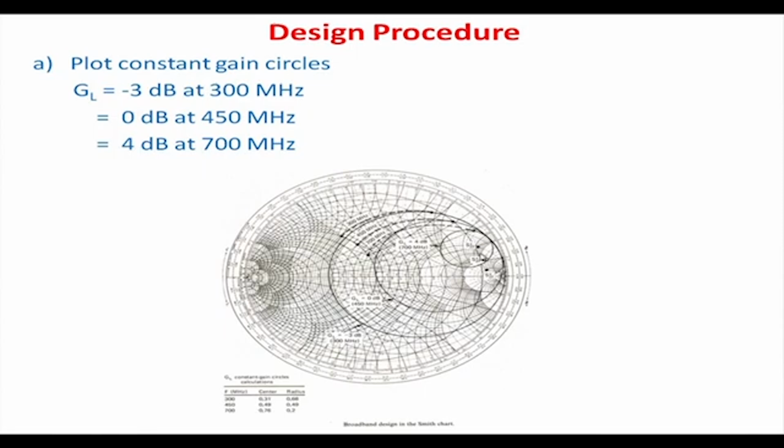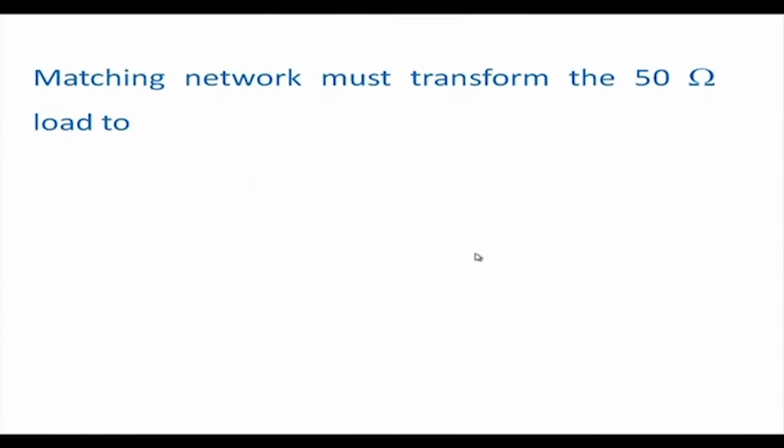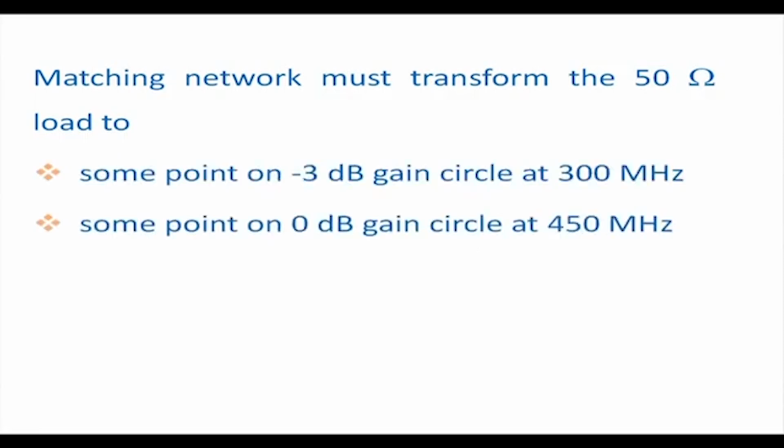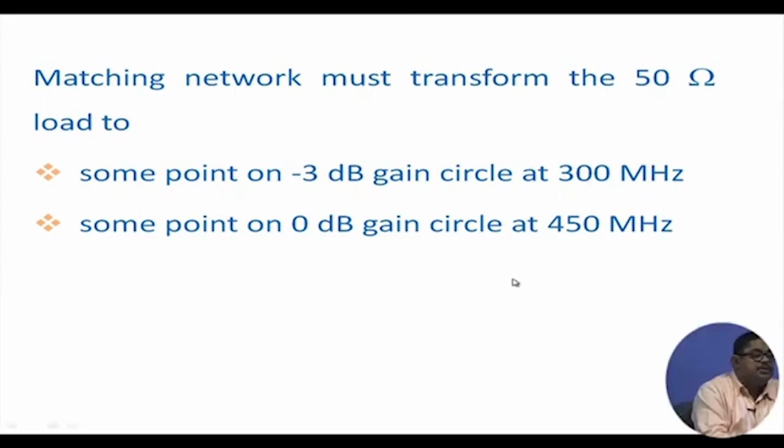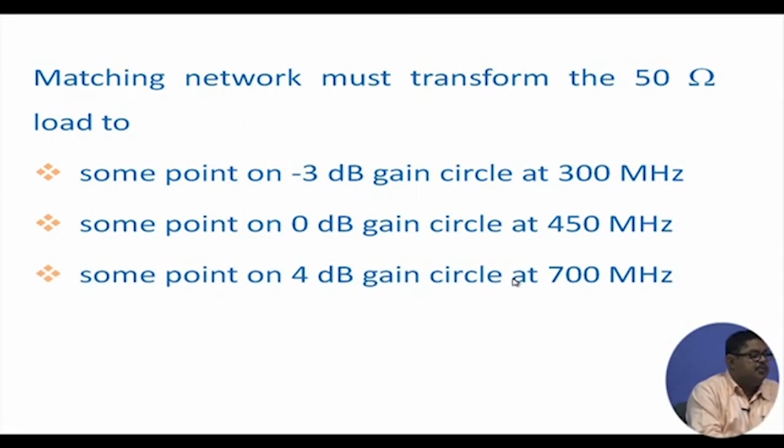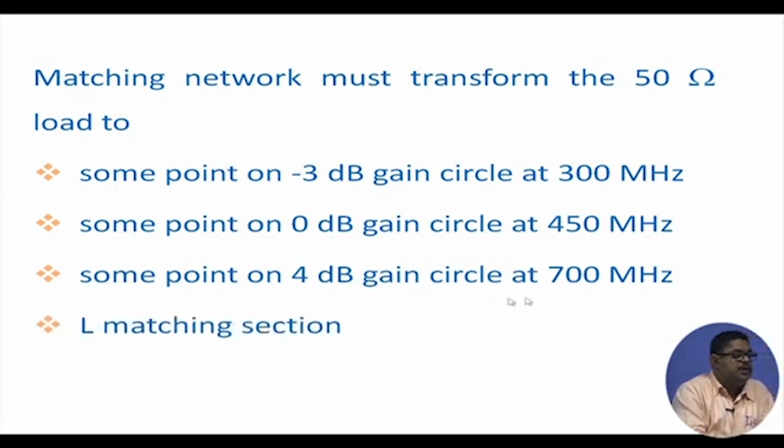Now, the matching network must transform the 50 ohm load to some point on the minus 3 dB gain circle at 300 megahertz, some point on the 0 dB gain circle at 450 and some point on the 4 dB gain circle at 700 megahertz. Since it is megahertz, we need not go for distributed matching, we can have L matching. You can also go for distributed, you know how to do that.